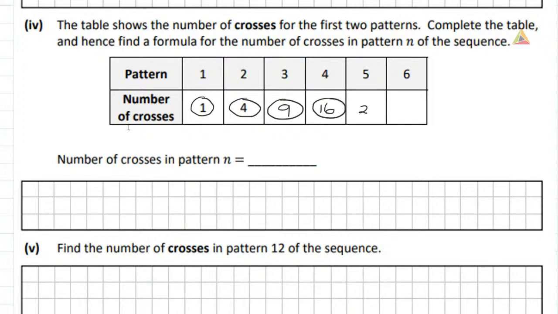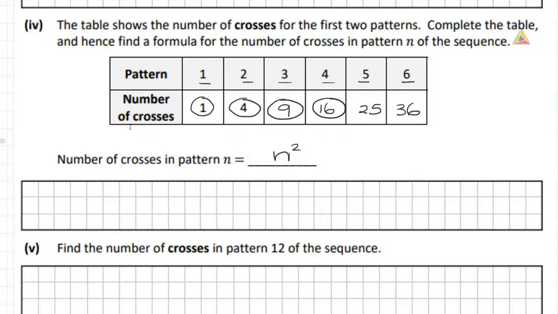So to complete this table, I'd be saying 5 squared, which is 25, and then 6 squared, which is 36. And the number of crosses is going to be whatever the pattern number is, so that's n, squared. So the number of crosses in this pattern here is going to be n squared. It's nice to spot that pattern 1, 4, 9, 16, 25, 36. So all of your square numbers.